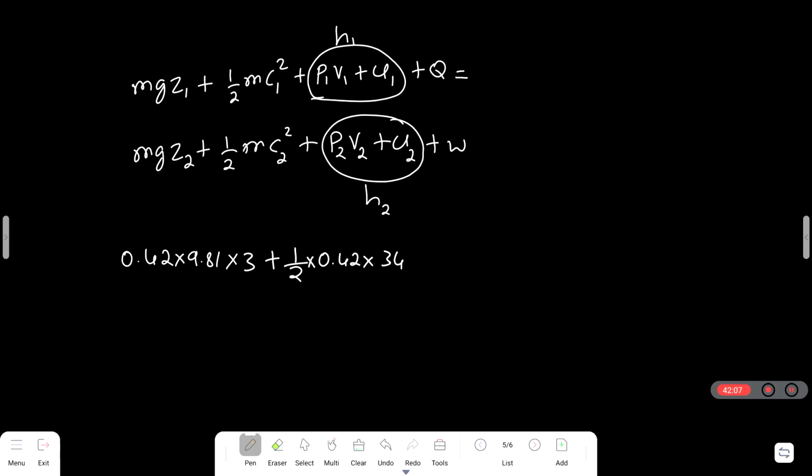So mass is kg per second, this is meter per second, and this is squared.